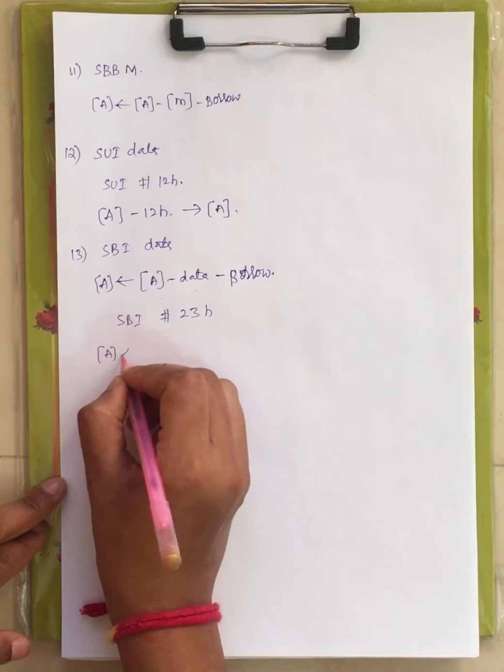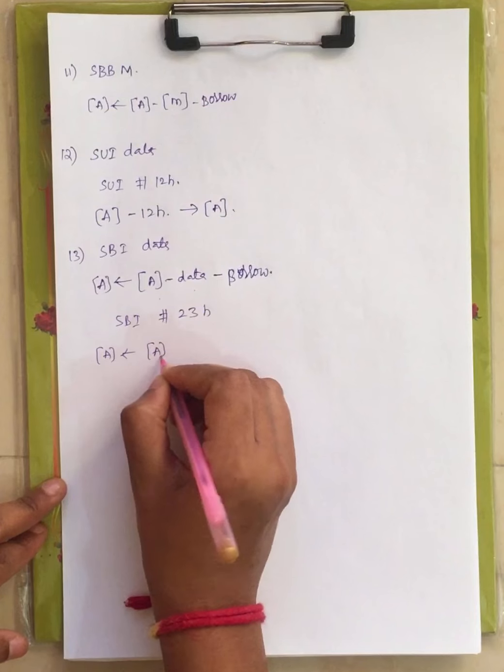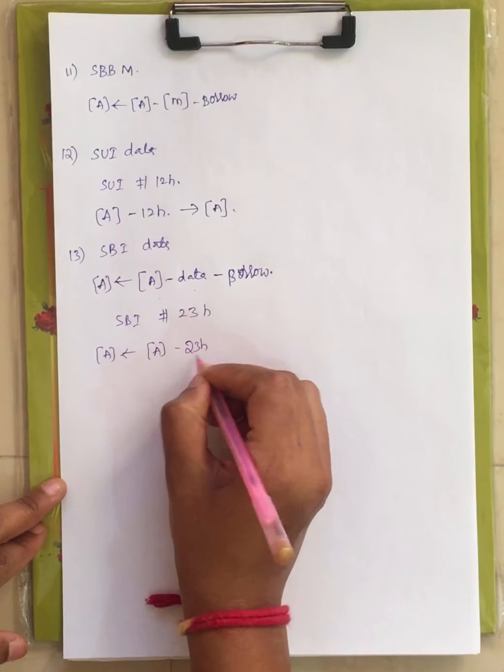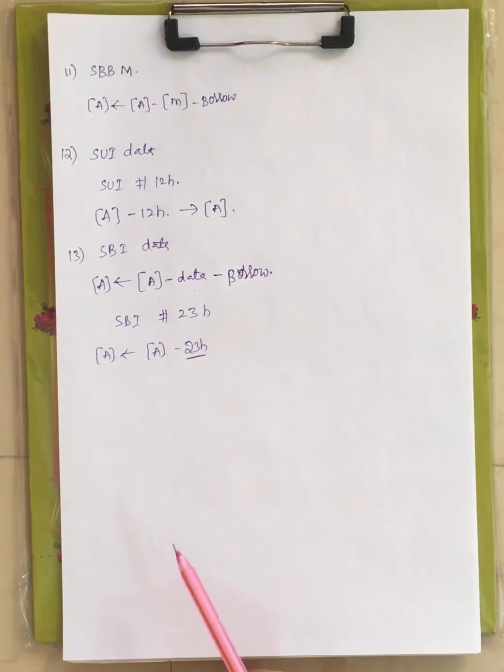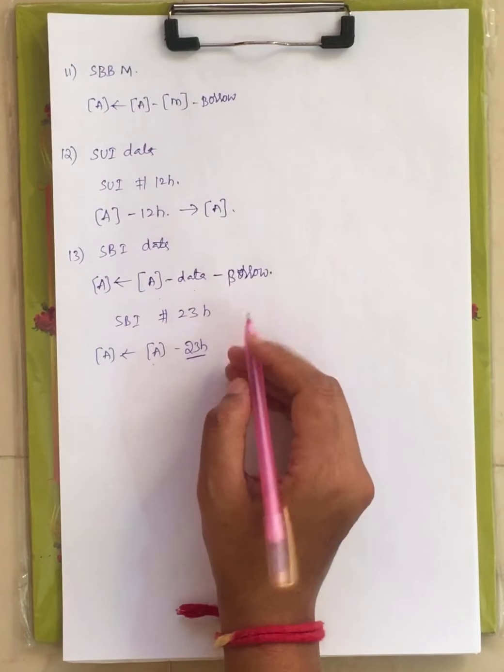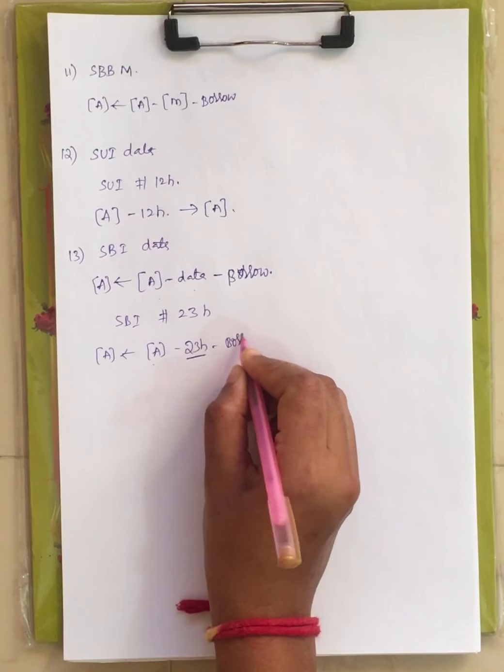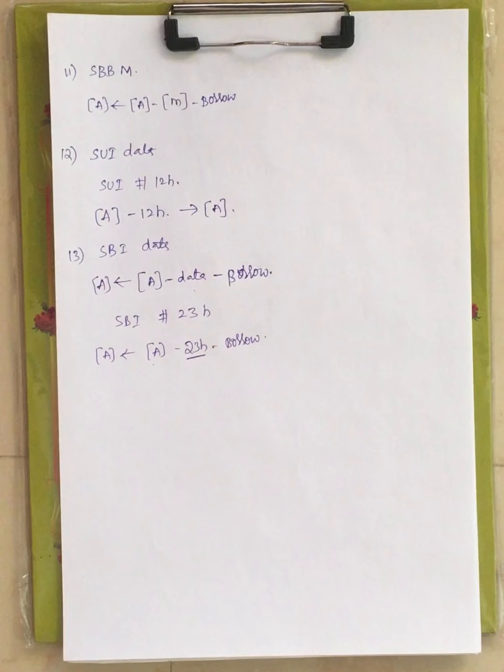The immediate data 23H is subtracted from A along with borrow. This borrow may be either 0 or 1 depending on the addition operation or subtraction operation, right? If it is an addition operation, we include it as carry. If it is a subtraction operation, we include it as borrow, right? This is the 13th instruction.